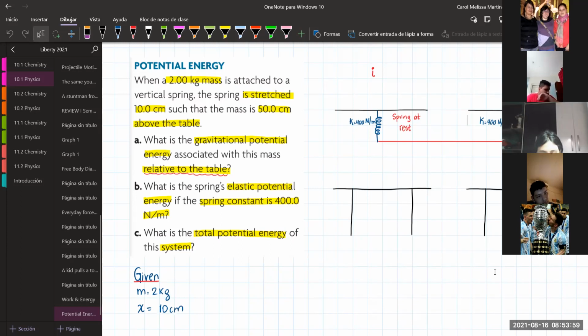As we already defined, this should be in meters, so we will need to perform a conversion there. We know that the mass is located 50 centimeters above the table, so this is going to be h, and this is 50 centimeters. Again, it must be in meters, but remember, this is above the table.